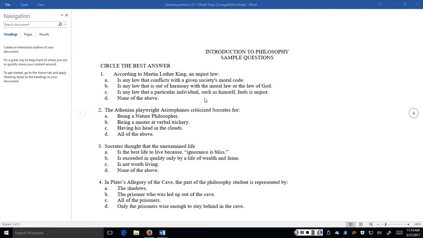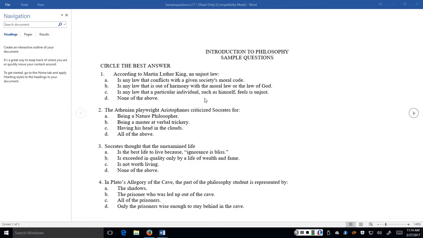Number 2. I said it was B, so you were right if you had B. Number 2: Aristophanes criticized Socrates for A, being a nature philosopher?